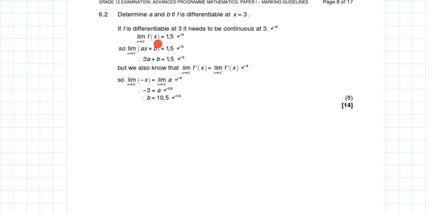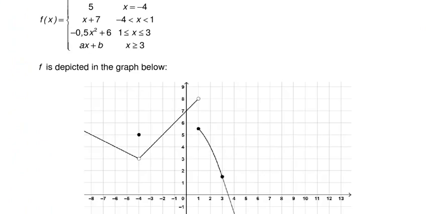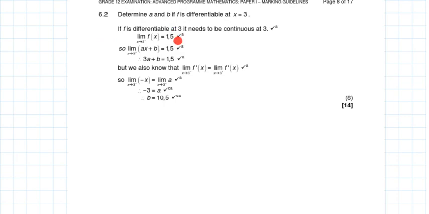The left side, when we substitute 3, gives me what? 1.5, because -4.5 plus 9 plus 6 is 1.5. You see, it is equal to 1 on the right. So when we substitute, 3a plus b is 1.5. This first equation is for being continuous.